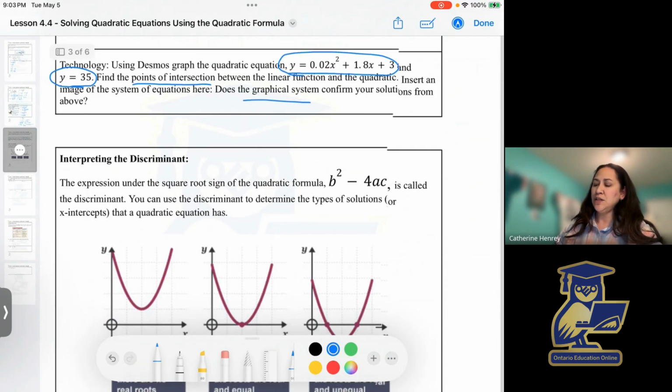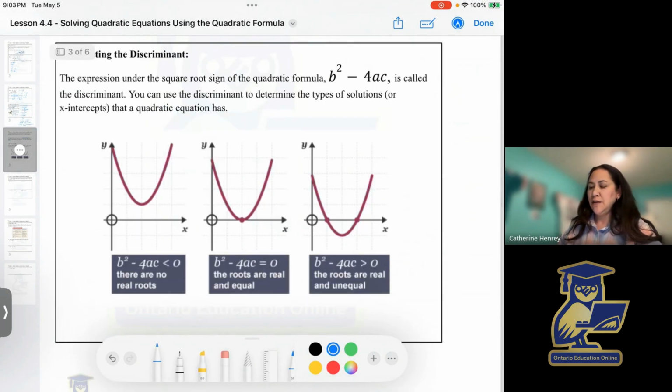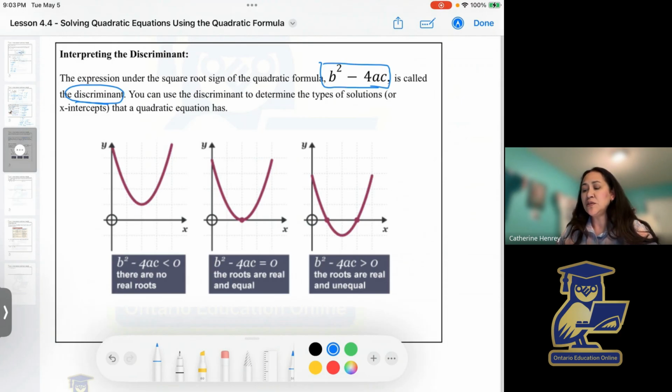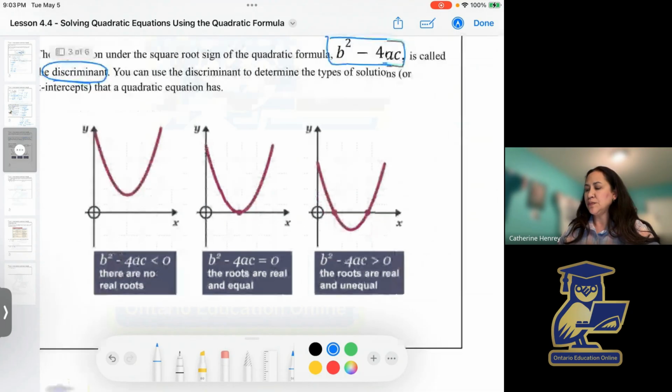All right, let's move on to something called the discriminant. The expression under the square root in the quadratic formula, this b squared minus 4ac, that's what's under the square root sign. This is called the discriminant. Now, what we use the discriminant for is to determine the types of solutions, x-intercepts, that a quadratic equation has. Take a look at our 3 different examples.